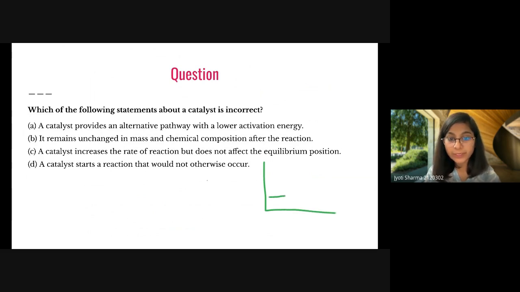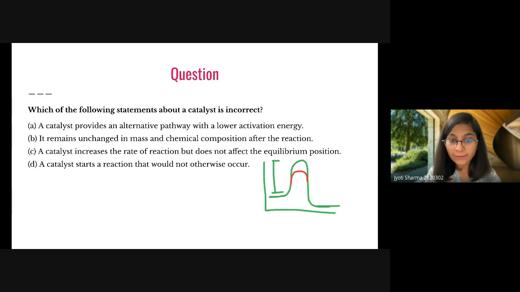For example, this is the energy the reactant has, then this will make a complex, and then let's say this is your energy with the product. This energy is the activation energy. So whenever we have a catalyst, what it will do is reduce the activation energy.